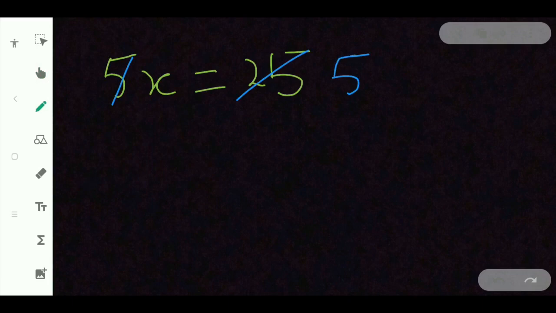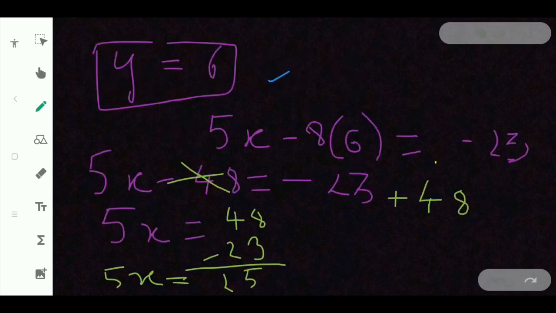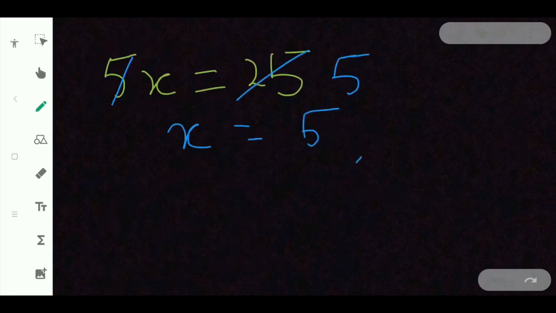So our x is equal to 5. We got the value of x as well as the value of y, which is equal to 6. So this is the way we find the values of simultaneous linear equations by using the method of elimination by equating coefficients. So let us move on to another example.